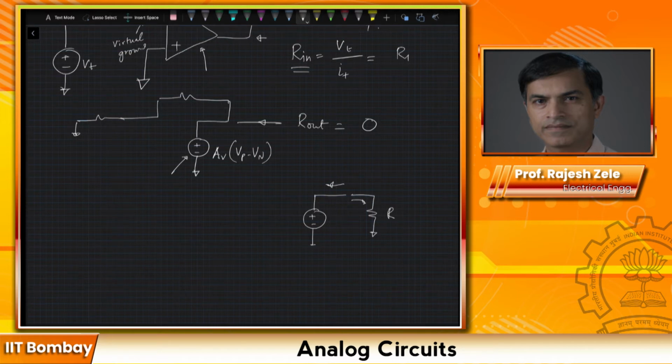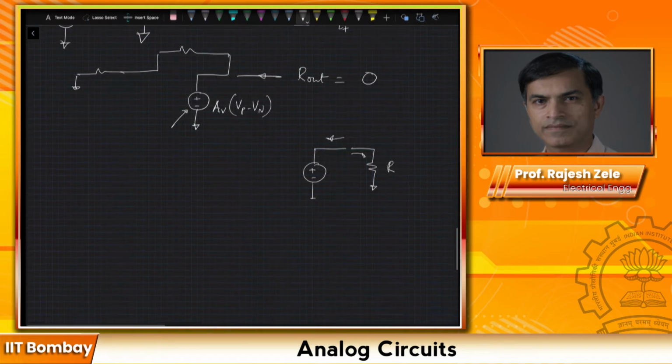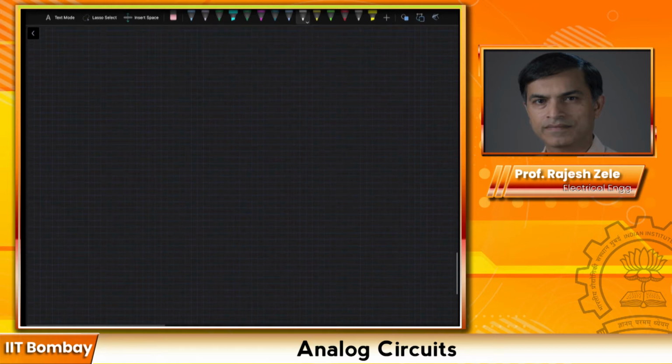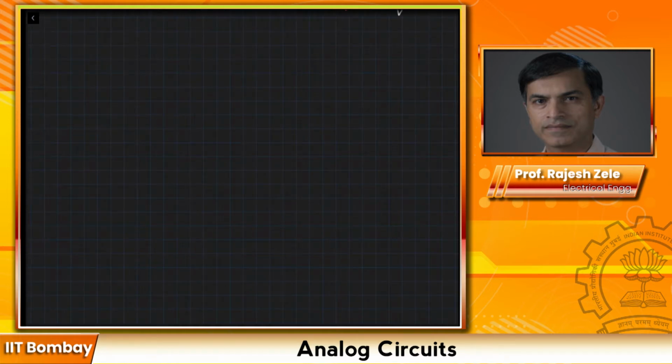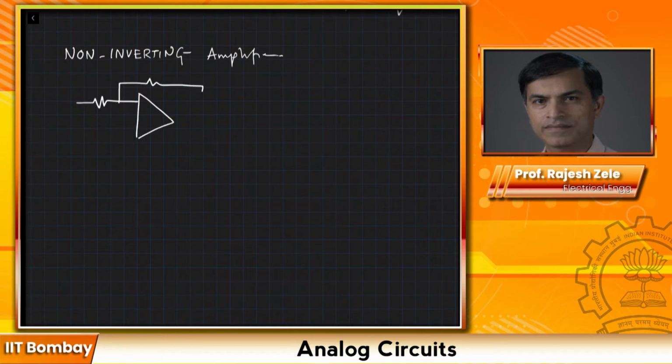Now we will do a different circuit. This circuit is called a non-inverting amplifier. The non-inverting amplifier almost looks similar to what we have done before. Again, negative, positive.